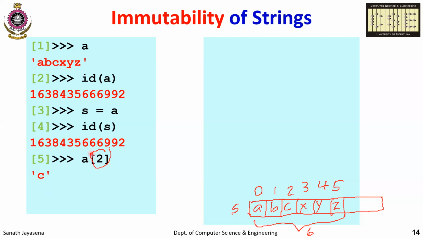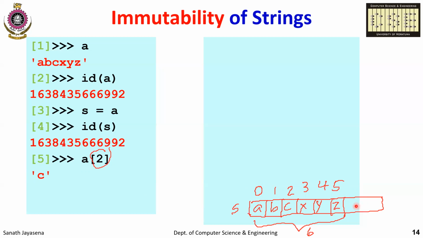So this is a way of accessing individual characters in a string using the index notation. You use the name of the string and then a square bracket. Inside that, you give a number, right? So the number should be a valid number. So what are the valid numbers for this string? 0, 1, 2, 3, 4, up to 5. Only up to 5 will be valid, because after that, the string is no longer there.